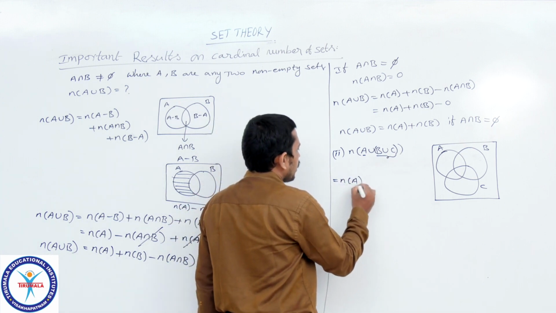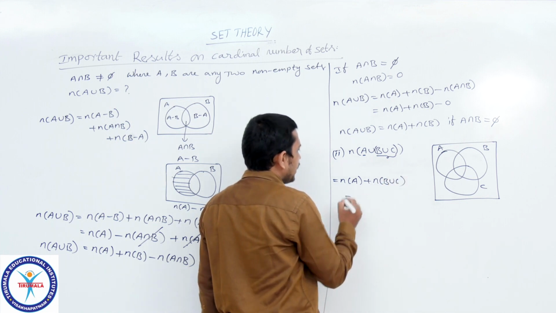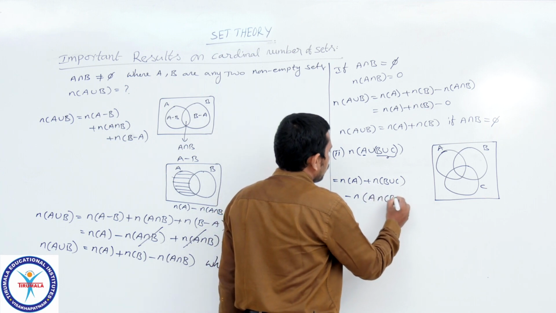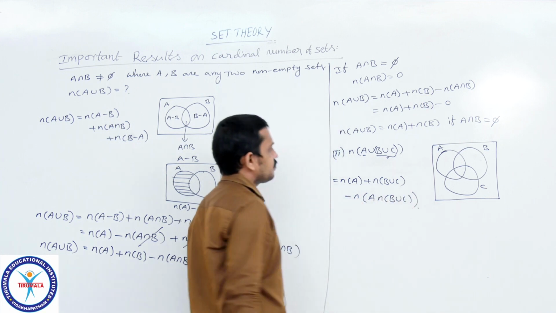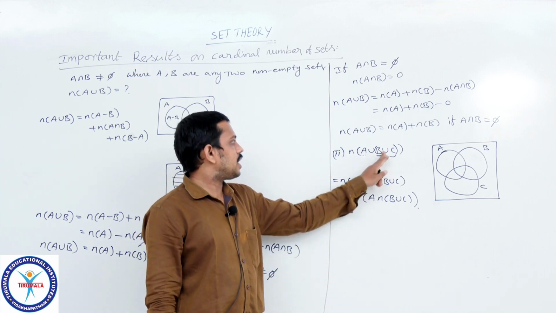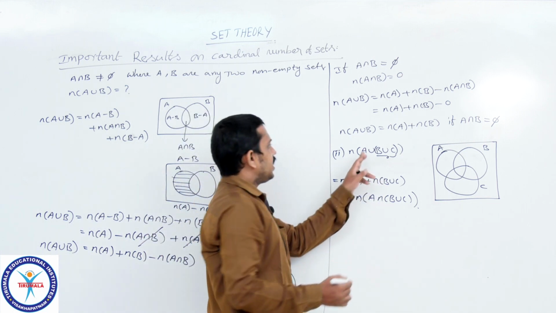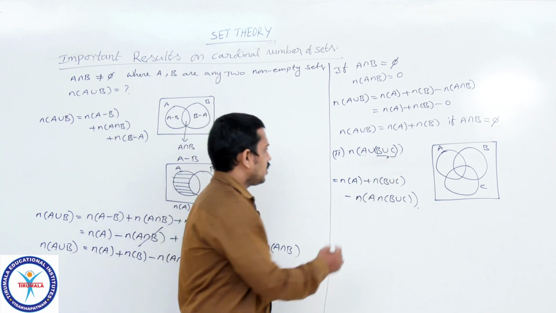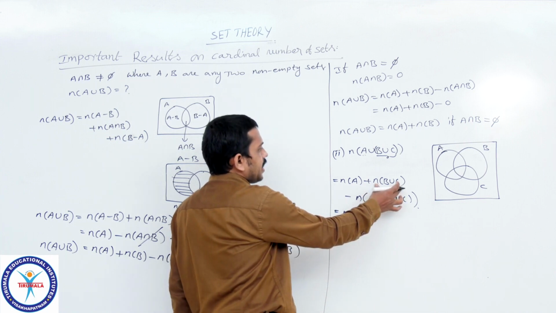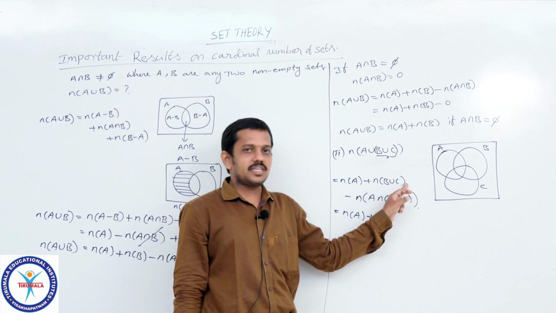It is n of A plus n of B union C minus n of A intersection B union C. So this is equal to n of A plus n of B union C, again in the form of the number of elements in B union C.